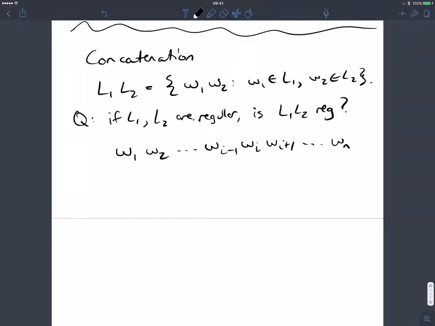And our goal is to say, okay, some prefix of this string, let's just say this prefix, belongs to L1, and then this suffix, the rest of the string, belongs to L2. And our goal is to produce a DFA such that we can figure out that the first part belongs to L1, and then the second part belongs to L2.